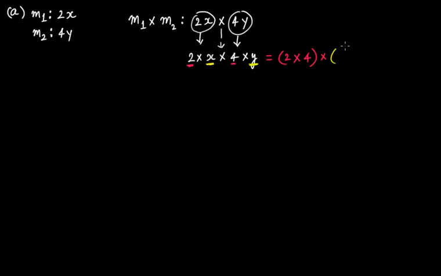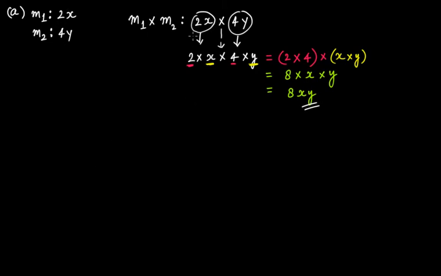You group them together and multiply. So x multiplied by y. So if you solve it, you'll get 8 multiplied by x multiplied by y. Now this can be written as 8xy, right? So 8xy is the answer of the multiplication of these two monomials.